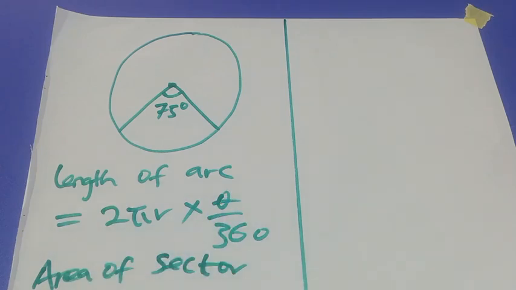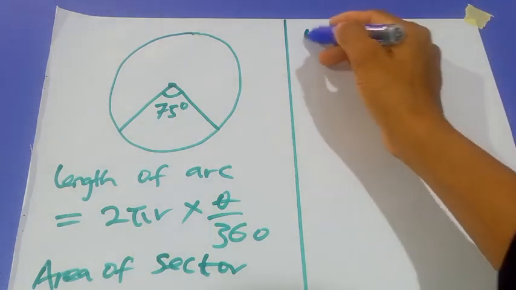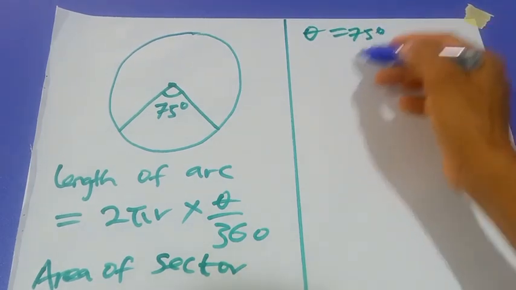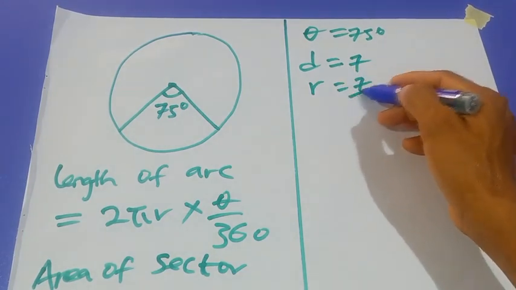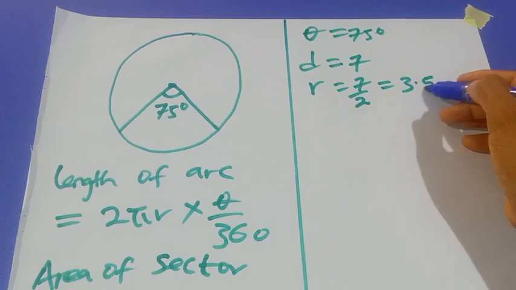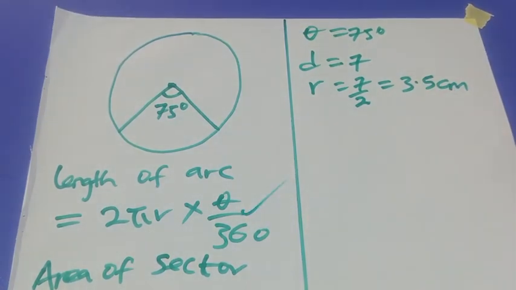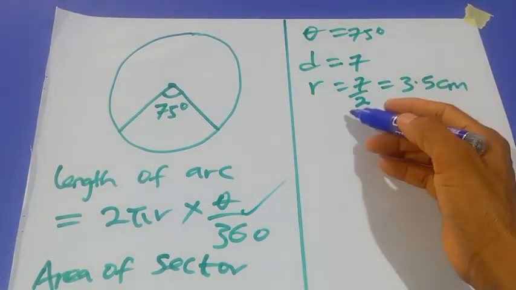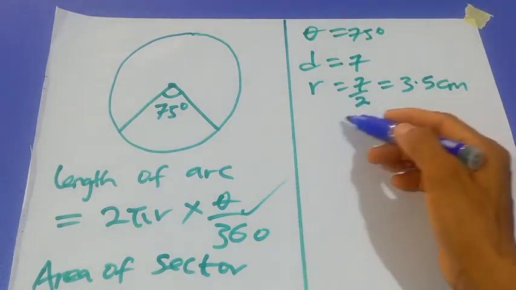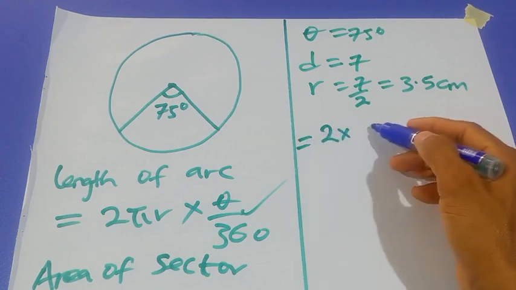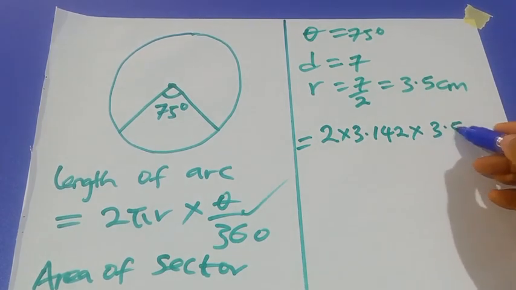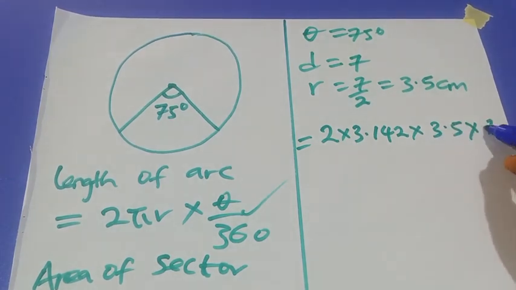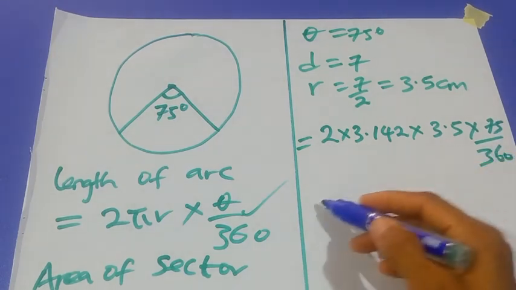Okay, now we are given from the question, our theta is 75 degrees, then the diameter was given as 7. Therefore, the radius will be 7 over 2, which is 3.5 cm. Then we can apply our formula. Very easy, which is 2 times 3.142 times r, which is given as 3.5, times 75 over 360.